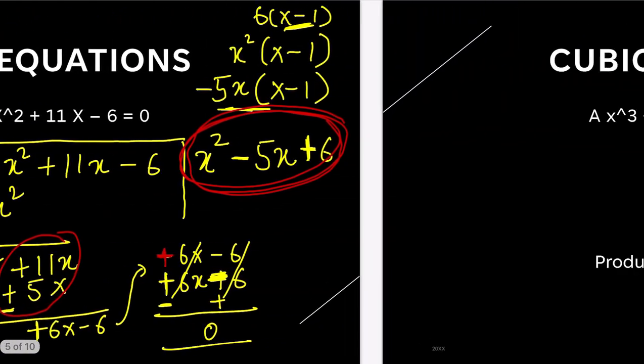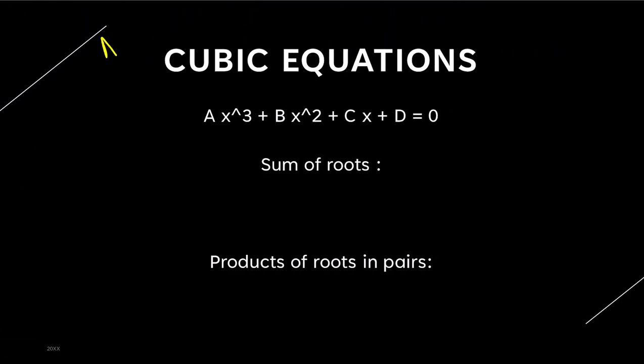I hope this is clear. This part is very important. Generally, they will not ask you to find the roots of the equation, right? They might give you three roots and ask you, give me the cubic equation. Suppose they give you three roots as 1, 2 and 3.